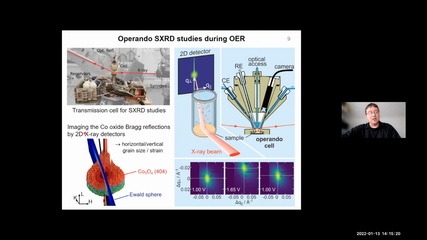As you see in this illustration, you cut with the Ewald sphere through the peak and project the peak on it, and so you get information about the crystal structure of the small crystallites that constitute the film in the vertical direction and in the horizontal direction.